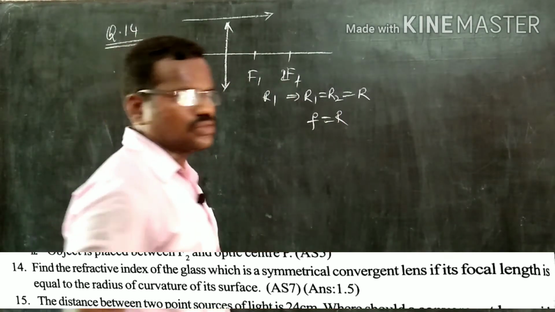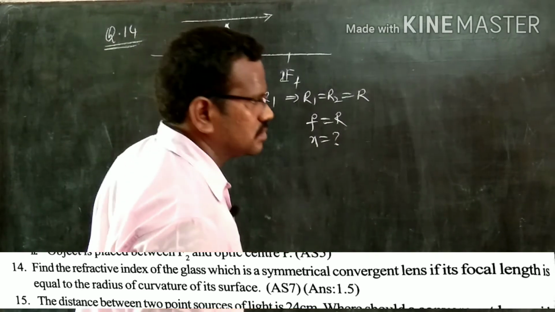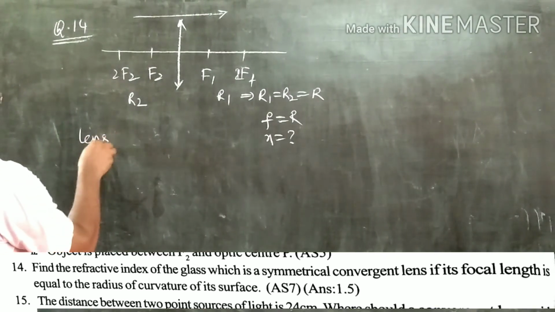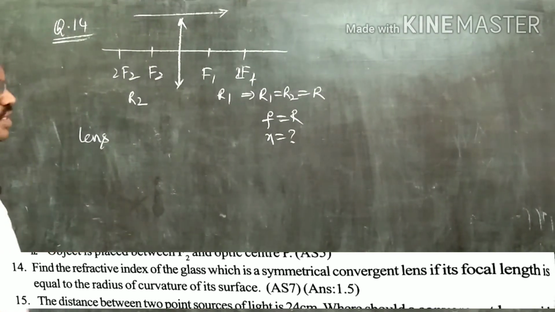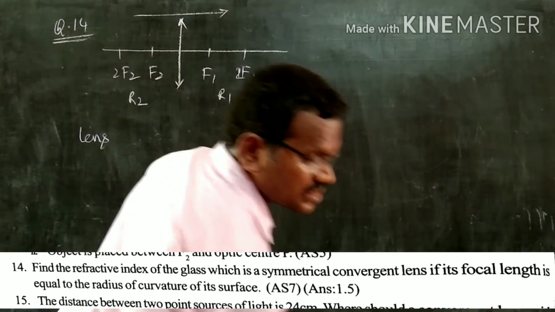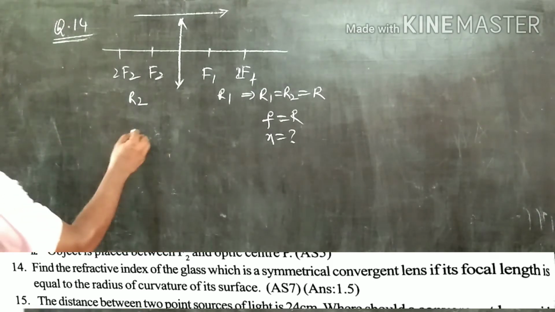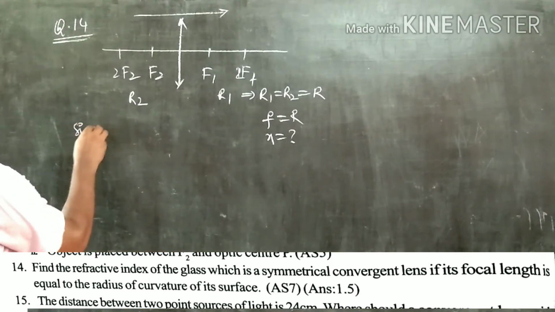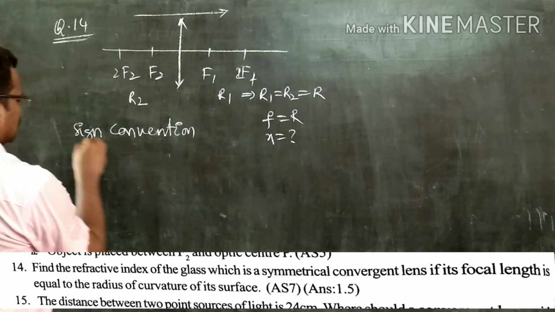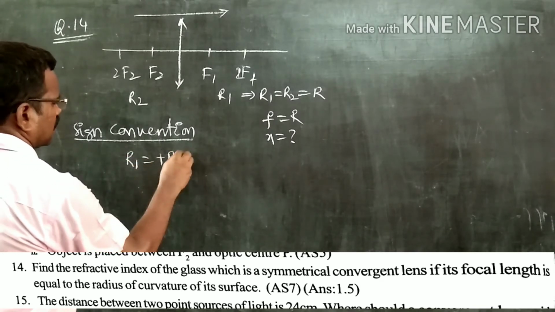Then what should we do? We should find out the refractive index, that is n. Now what formula will we apply? That is nothing but the lens formula. Before applying the lens formula, we should know the sign conventions. According to the sign conventions, R1 is equal to plus R. Why?